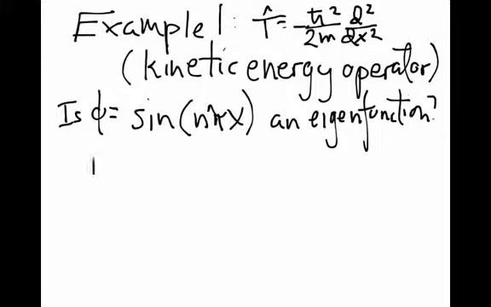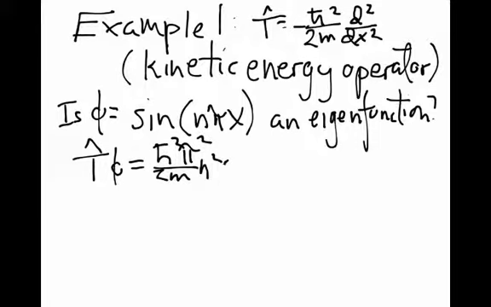Well, let's see. If we operate on phi with T, then we get the second derivative. So we've got inside n pi, we're going to poop n pi out twice. So we're going to get n squared pi squared and a minus sign. And then the operator itself has a minus sign, so that goes away, and we've got an h bar squared over 2m. So that all gives h bar squared pi squared over 2m n squared times sine n pi x.